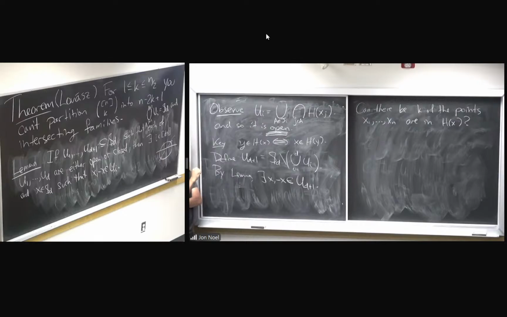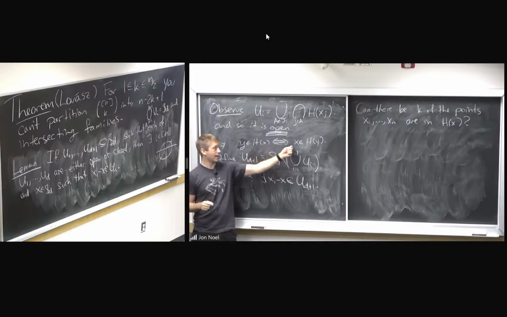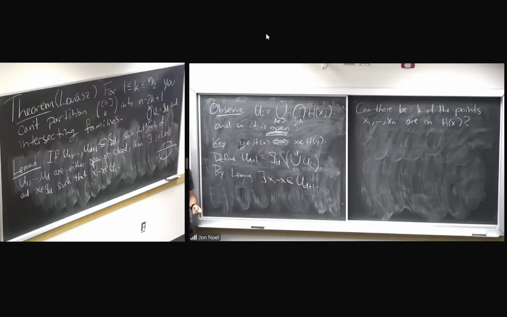It's maybe a bit of a subtle issue here. It again comes down to the fact that if y is in the open hemisphere centered at x, then x is in the open hemisphere centered at y. So if there are k points among those x1 up to xn that are in that hemisphere, then x is in the intersection of all of their hemispheres.